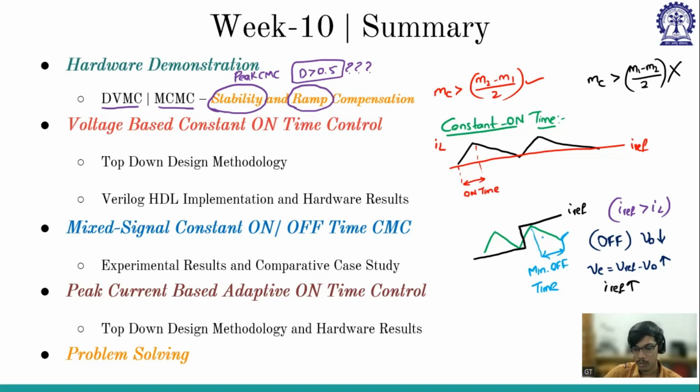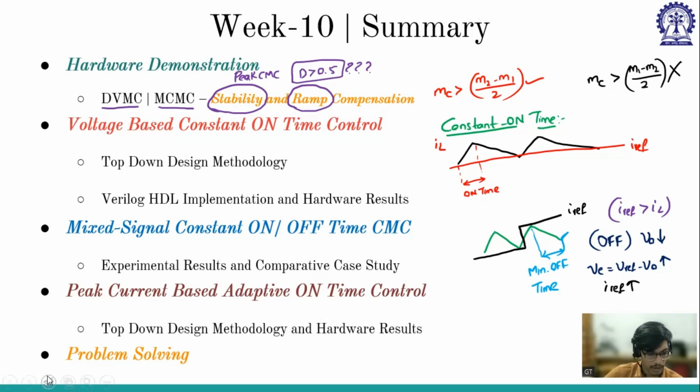After that minimum off time, my controller will check whether it has to be forcefully turned on or it can still continue doing off. So after minimum off time, the logic that we had discussed previously will check whether it has to be forcefully turned on or it can be turned off. If it has to be turned on, then it will again turn on for constant on time. And after again minimum off time, it will check.